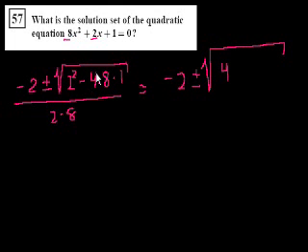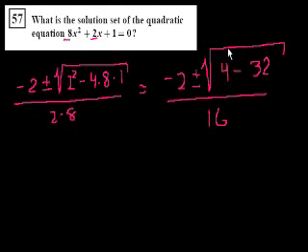Negative b plus or minus the square root of b squared minus 4 times a times c. Right. So you get 4 minus 32. That's why I was double checking to see if I did this right, because I'm going to get a negative number here. All of that over 16.